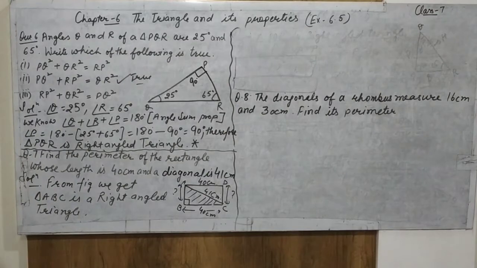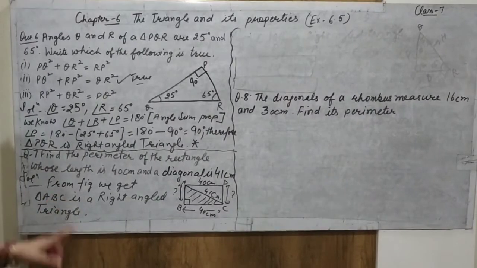Alright, if this is a right angle triangle, then we can put the Pythagoras property on this triangle.